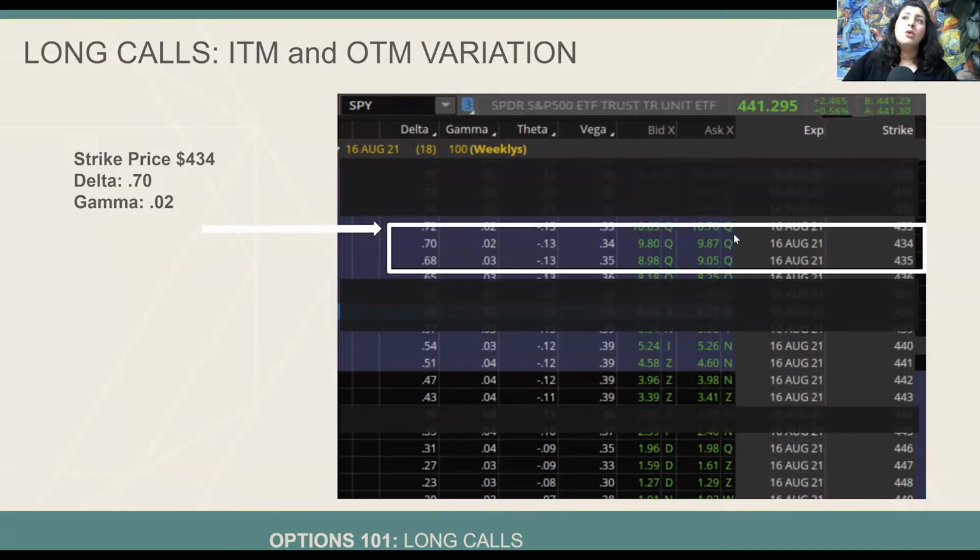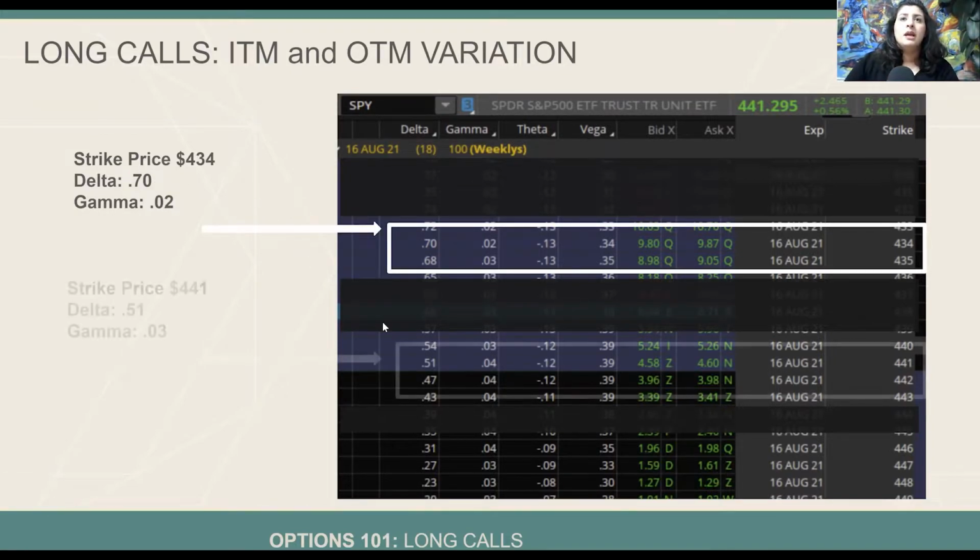When you are deeper in the money, so the strike price you select is actually lower than the current price, you will pay more for your contract, but you will have a higher exposure to delta. So you won't need the underlying to move as many dollars in order to get that profit trigger.